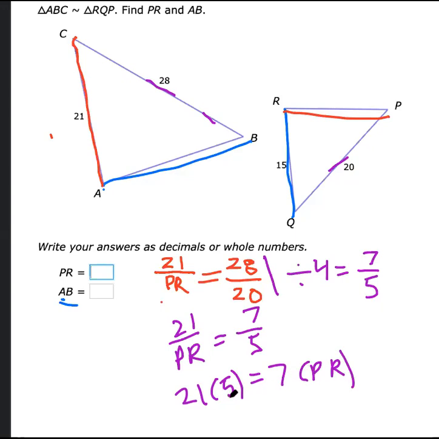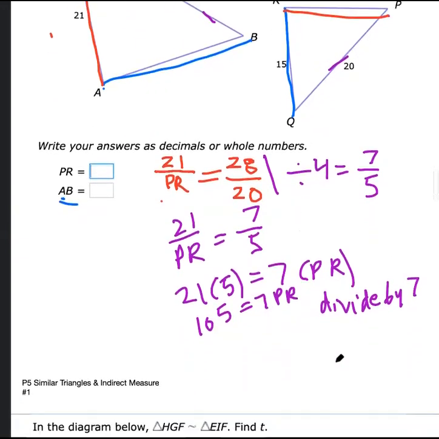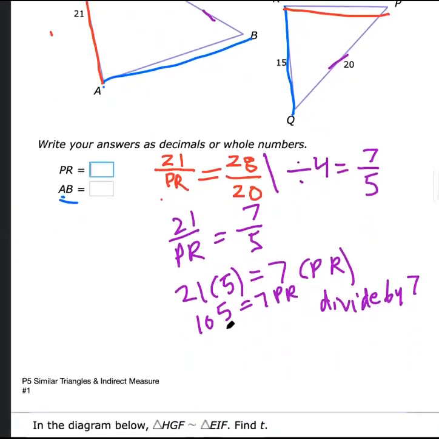Okay, so 21 times 5, it's going to give you 105. 7 PR. And I have to divide both sides by 7. Okay. 105 divided by 7 is going to give me 15. So PR should be 15.